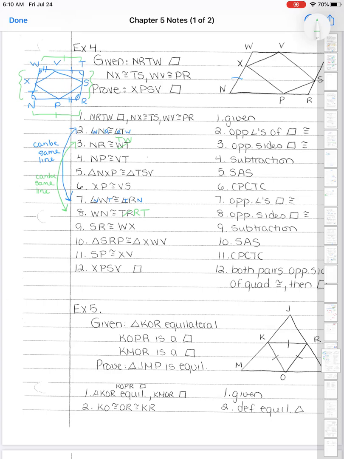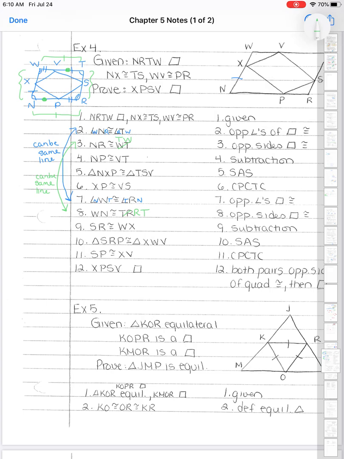WN. So if it's WN, then it needs to be RT, and the same thing, can be the same line, because then that cuts 2 lines out of this proof. And then it's not 12 lines, it's 10 lines. So we had opposite angles congruent, opposite sides congruent. Those are definitely the most popular, and if you're trying to figure out stuff to use, just throw it out there and use it. It gives you more to work with.